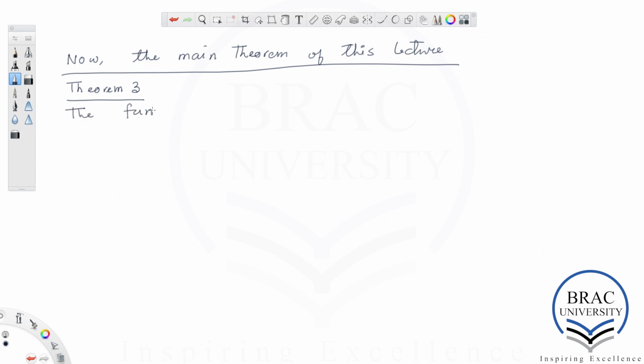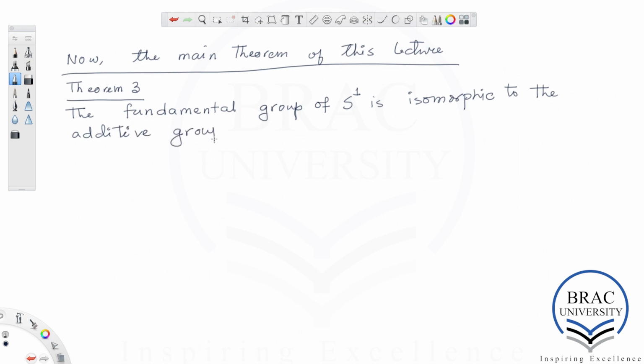The fundamental group of the unit circle S1 is isomorphic to the additive group of integers, okay.